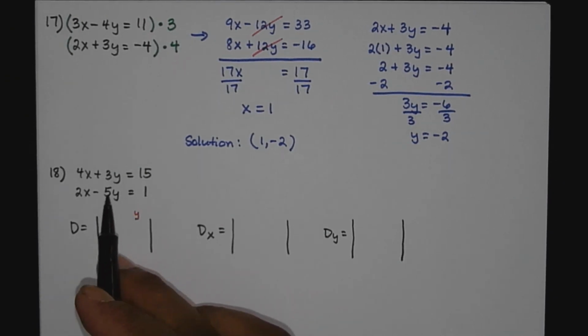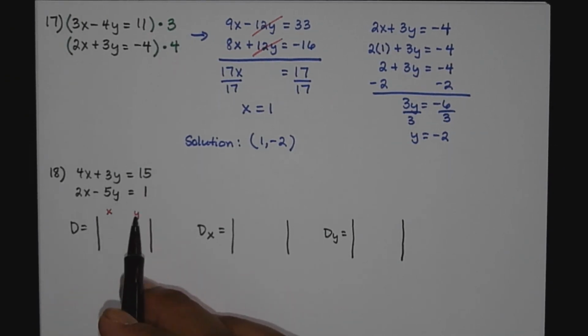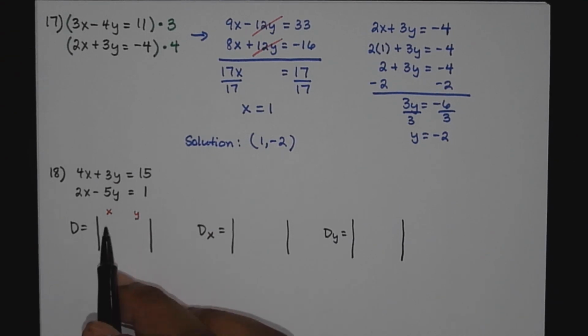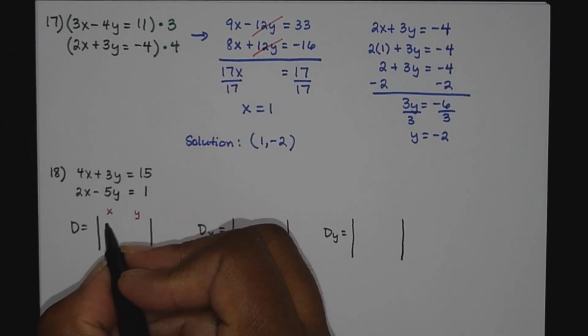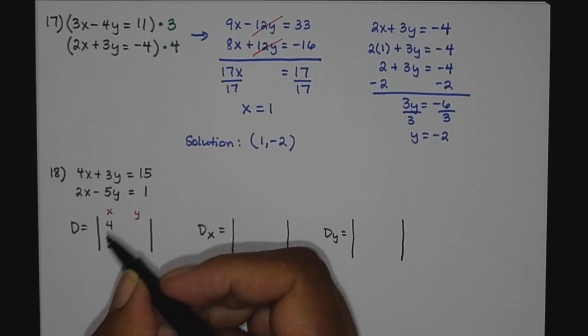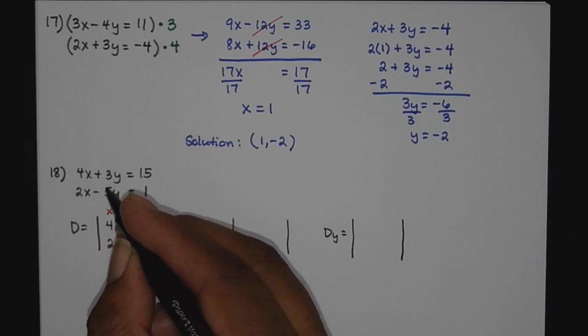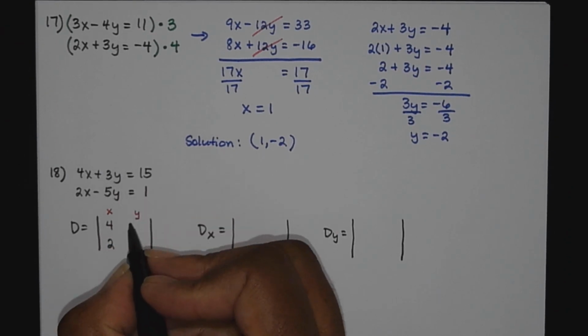And you want to make sure that your x and the y are on the left side and the constant term is on the other side. So for the x coefficients, it's going to be 4 and 2. Your y coefficients will be 3, negative 5.